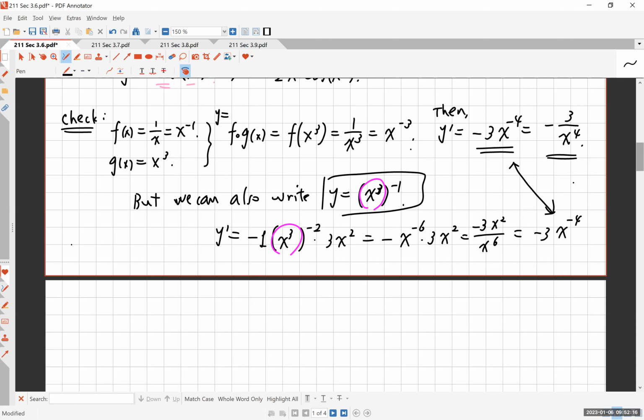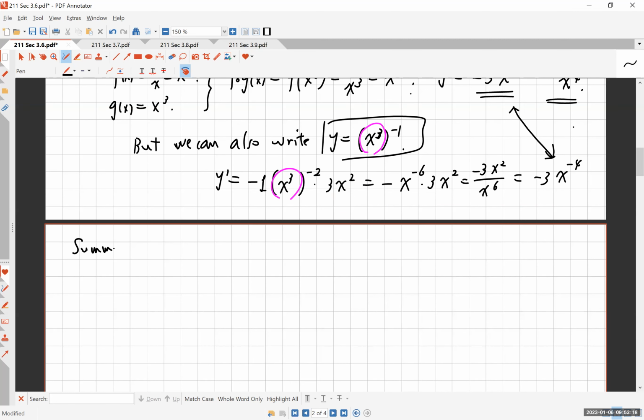Now let's summarize this, since it's so new, and it's something that you will have to carry with you for the rest of your mathematical career, probably. The chain rule will be a part of your life, whether you like it or not. You might as well learn to live with it, because the chain rule is not going to leave you alone. It's going to haunt you if you don't attend to it.